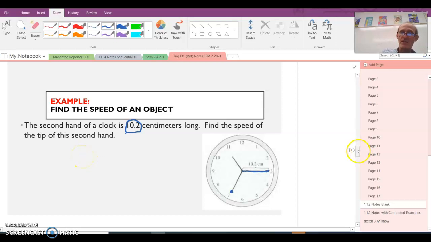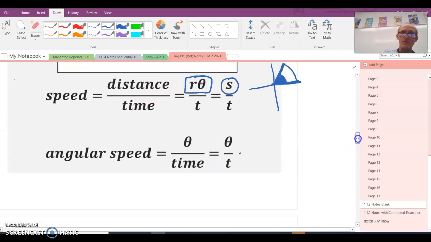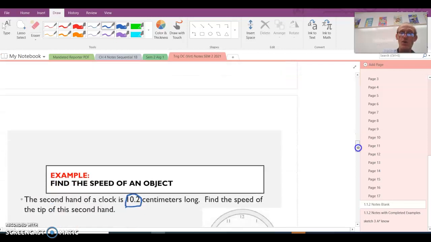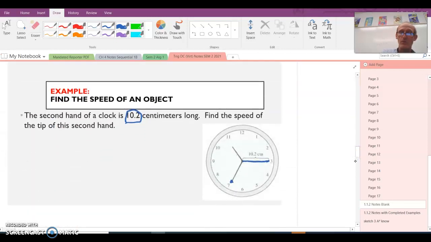Remember that the speed of an object is equal to the distance it travels divided by time. So in this problem, S is equal to r times theta. Now, what is theta? Theta is going to be 2 pi because we're going to figure out how fast this thing moves around in 1 hour, right? 60 minutes.